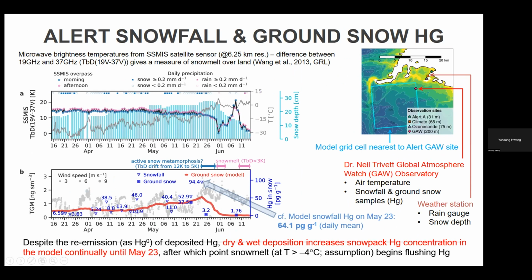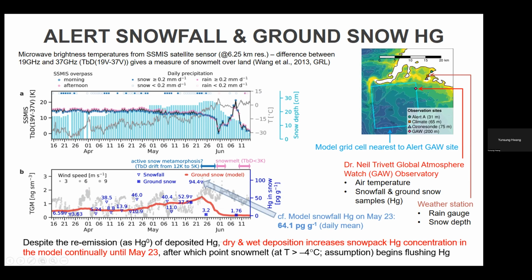And these squares represent the ground snow concentration, which drops from 37.5 to 3.2 in late May. At that point, we are still simulating some mercury depression events, which the observation doesn't really see. But the one snowfall event, which was sampled on May 23rd, indicates a very high concentration of mercury in the observation, and that was reasonably captured in the model as well.